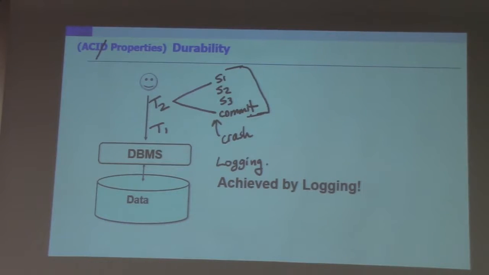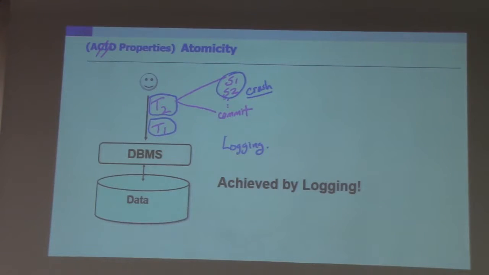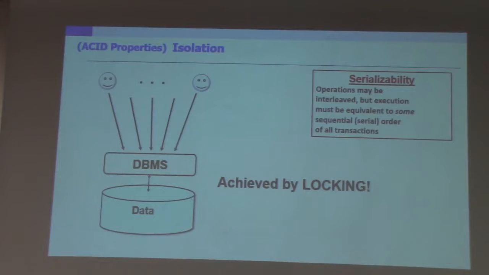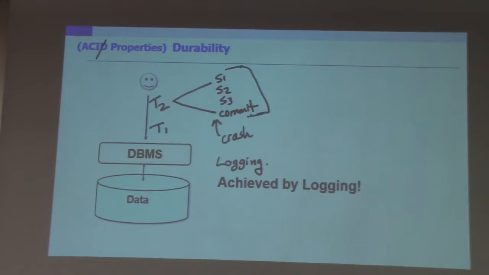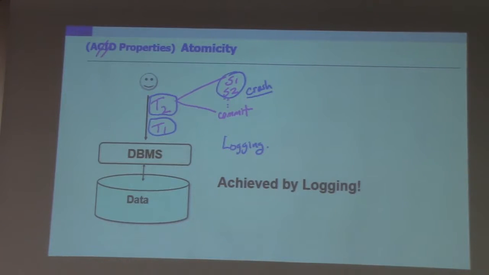Durability is achieved by logging. Again, we will come back and revisit this part. Same as atomicity. So just keep in mind, isolation is realized by using logs. Durability and atomicity are managed by logging, which again I will discuss in detail in the follow-up lecture slides.